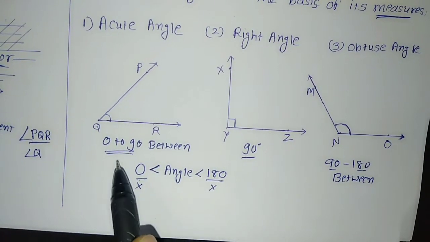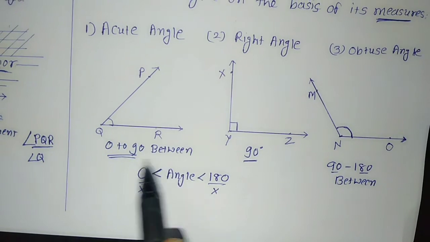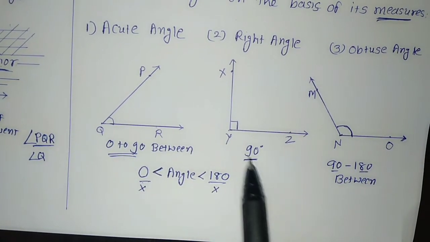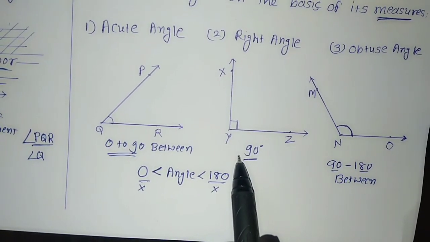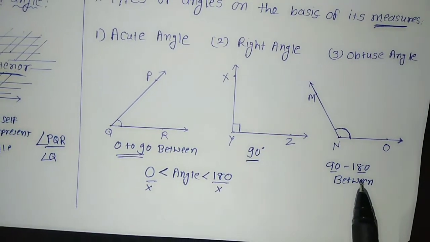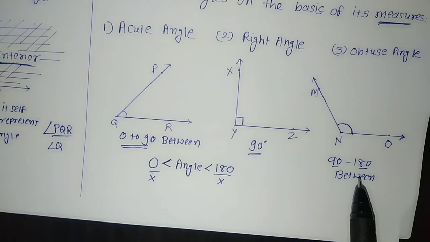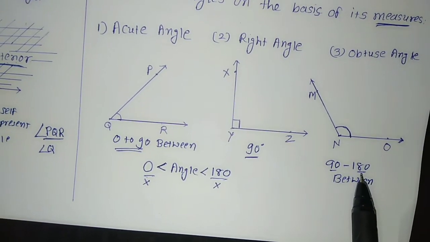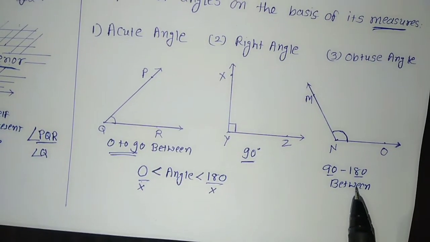The angle which has a measure between 0 and 90 is called an acute angle. The angle which has an exact measure of 90 degrees is called a right angle. And the angle which has a measure more than 90 but between 90 and 180 is called an obtuse angle.